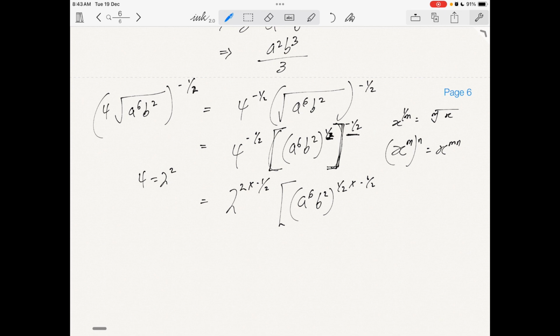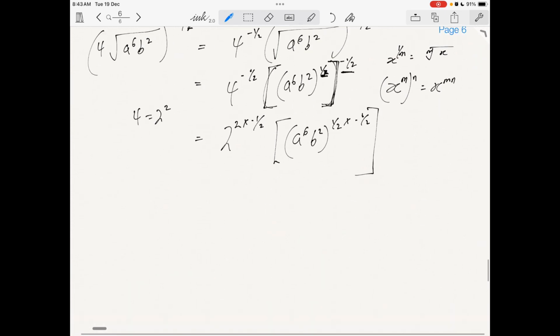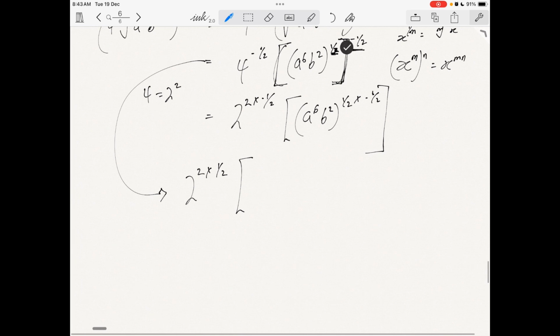Now some people might decide to go further and say 2 raised to power 2 multiplied by 1 over 2, and instead of multiplying out, multiply by this power first.